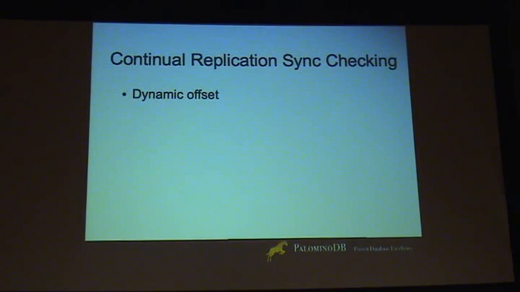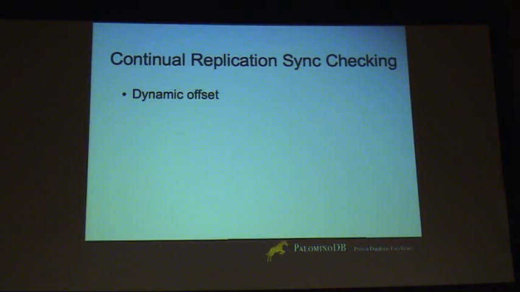So just as a tangent, if you did this continual replication sync checking, you can use a dynamic offset. I showed they used like 7. If you were really checking the sync, you would try everything. So you might actually do the modulus, but you would do it 21 times in a row. I picked 21 because this was an example where we were syncing it every day, 3 times a day we would run this by a cron, so within a week we would have checked all the data.